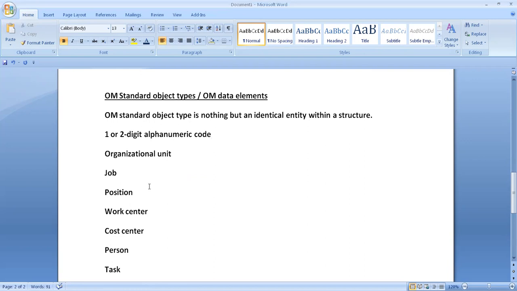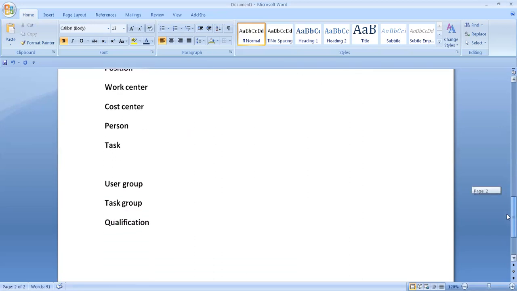What is that? These are one or two digit alphanumeric codes. Why are we saying one or two? The standard ones are usually maintained as one digit, or some are maintained as two digits. You can maintain two digits also.